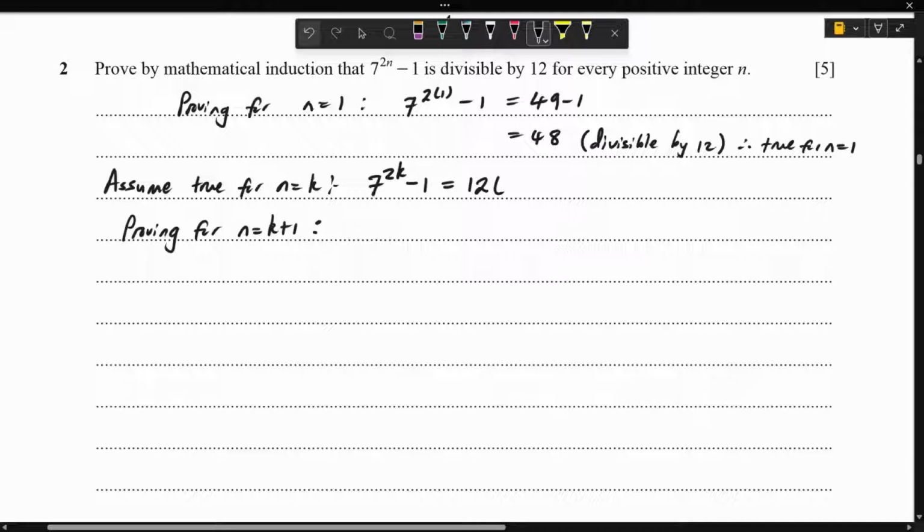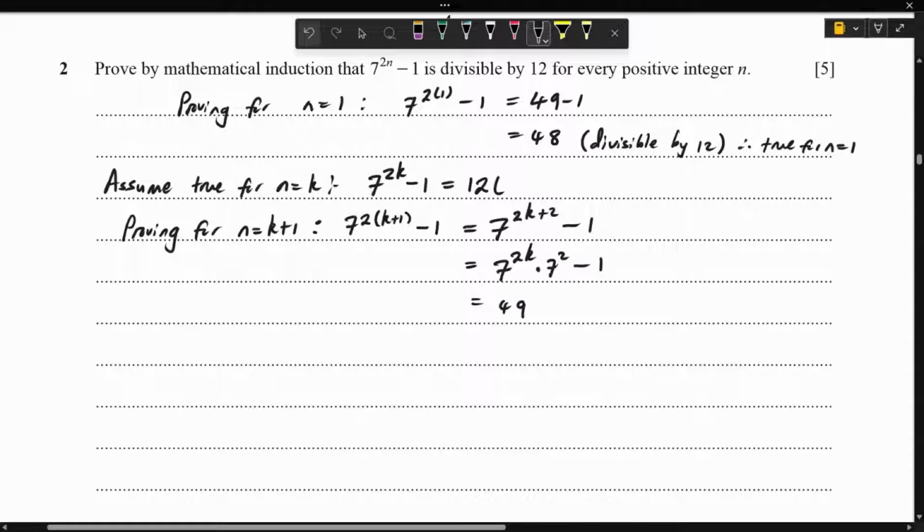We are going to say 7 to the 2(k+1) minus 1, which is equal to 7 to the 2k plus 2 minus 1, and that's equal to 7 to the 2k times (7 squared) minus 1.